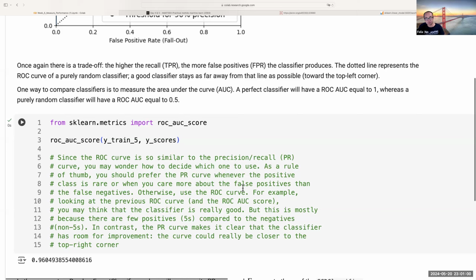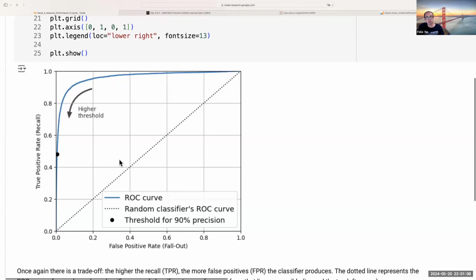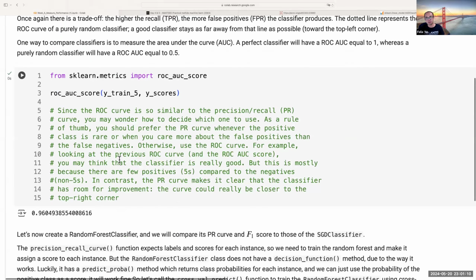For this specific example, if we look at this ROC curve, you will think, wait a minute, this is really good. But think about our data being very highly unbalanced, with only about 10% positives. This is because there are so few positives right here.